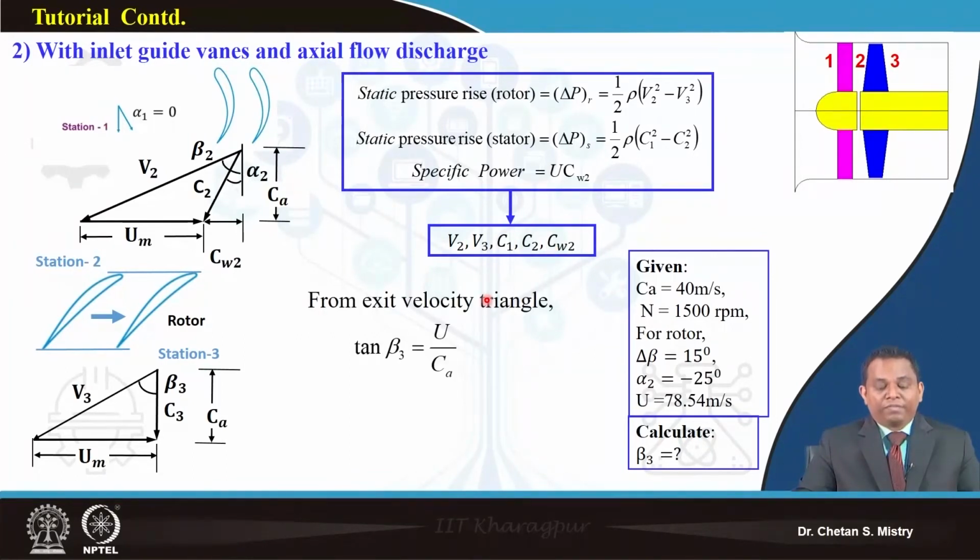Now let's start from the exit velocity triangle. We can straightaway write down my beta 3, that is a function of U and Ca. Since my exit is axial, we can say tan beta 3 is U by Ca. If I put these numbers, my beta 3 comes to 63 degrees.